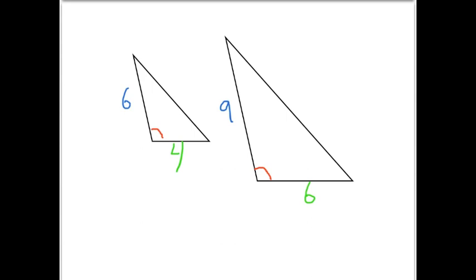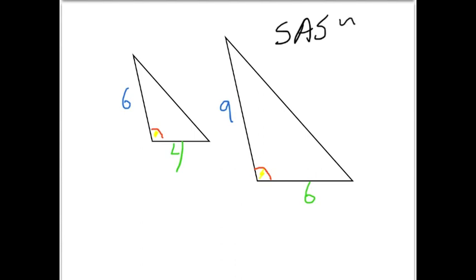So we know right off the bat that we have a pair of angles congruent. That refers to these angles. And so we want to check to see whether the sides are proportional or not, because we want to potentially use SAS similarity.